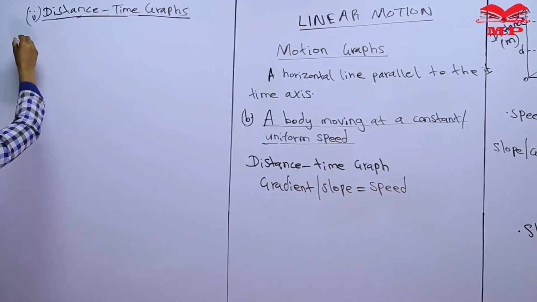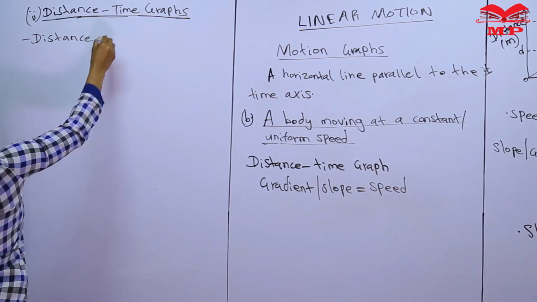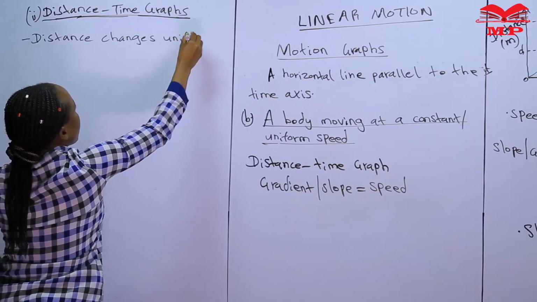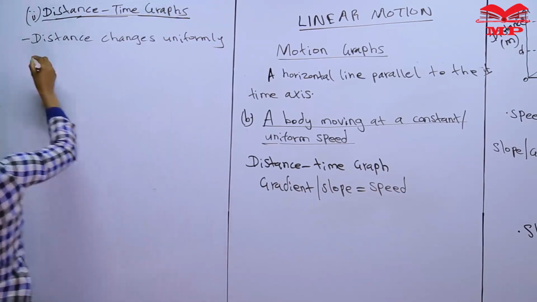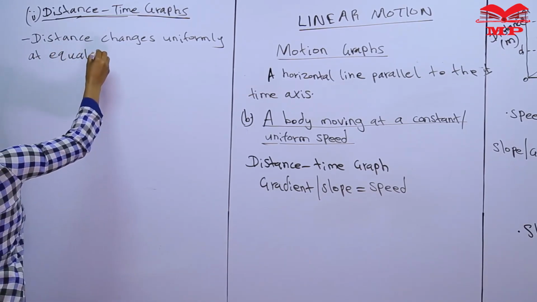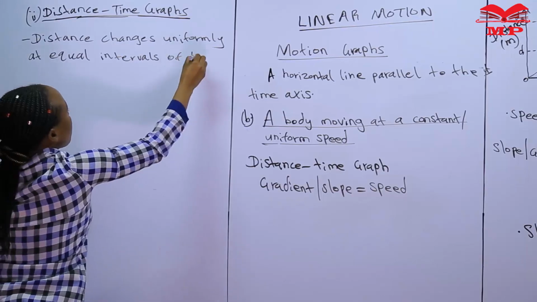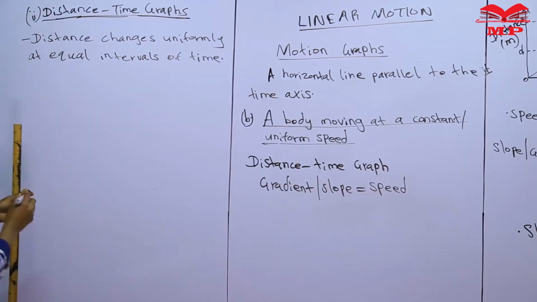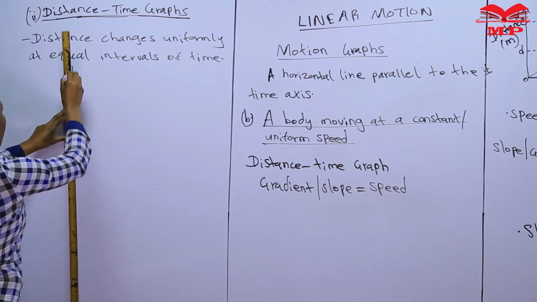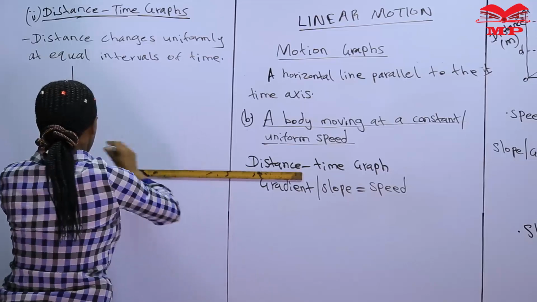If the distance changes uniformly at equal intervals of time, thereby we are going to have the graph for the body moving at a uniform speed.